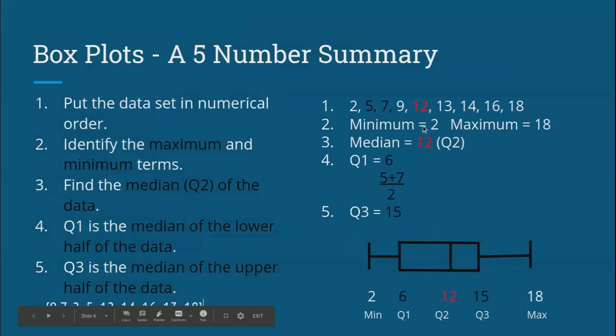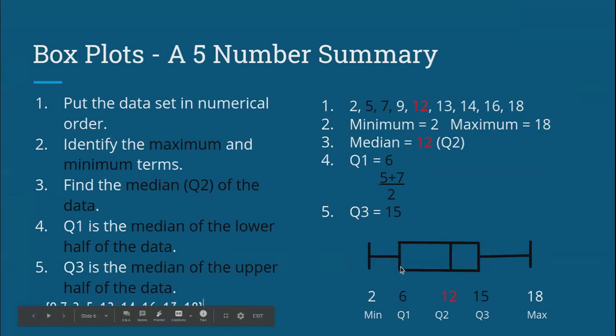We have our, again, 5 numbers. So here's our median of the entire data set. The median of the first half of the data, or the lower end of the data. And then this is the median of the upper end of the data. And you will see with the placement, the median would be closer to the median of the upper half than it is to the median of the lower half.